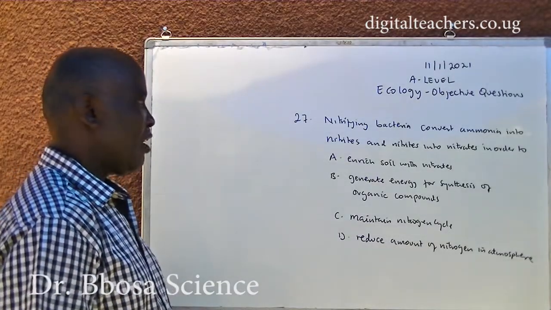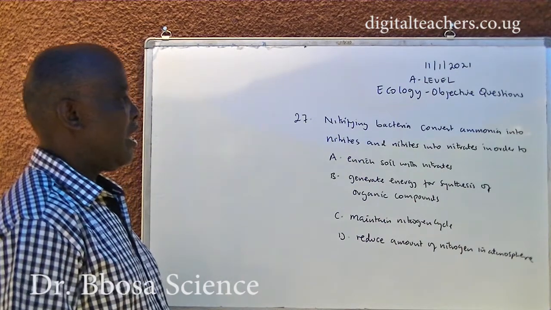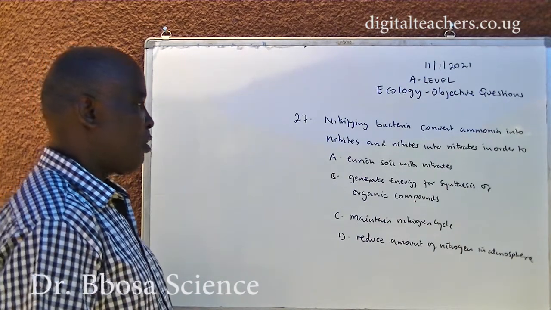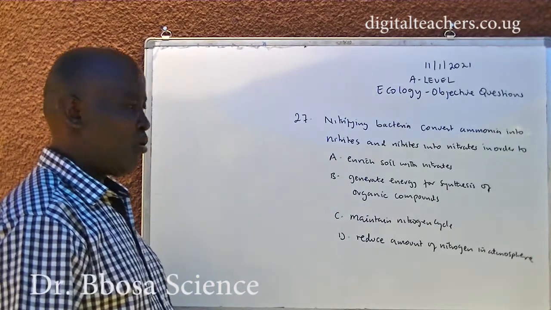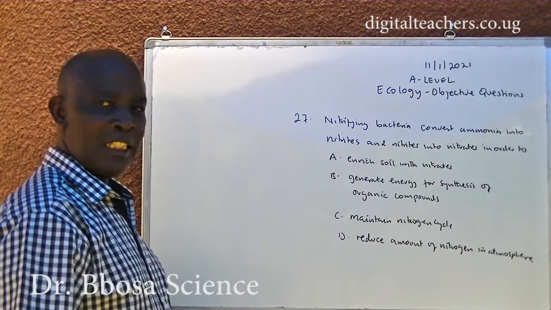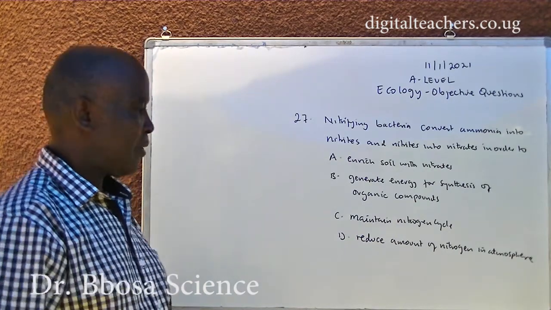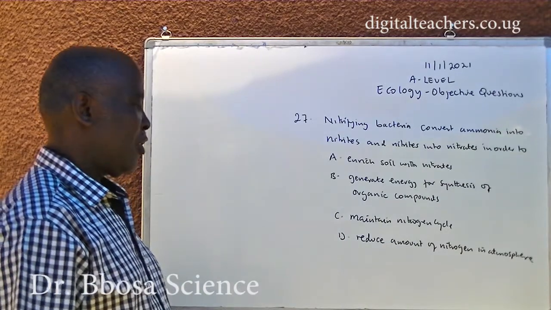Number 27. Nitrifying bacteria convert ammonia to nitrites and nitrites to nitrates in order to A. Enrich soil with nitrates. B. Generate energy for synthesis of organic matter. C. Maintain nitrogen cycle.